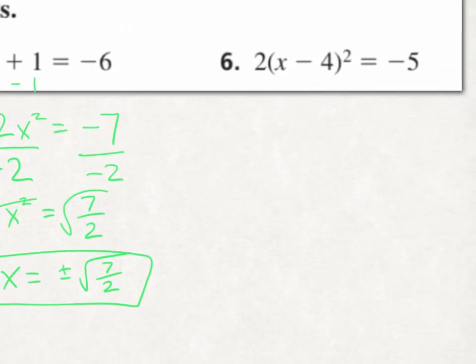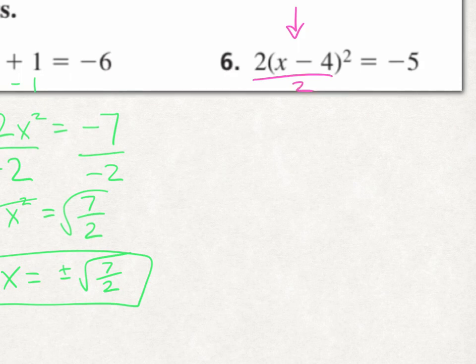All right, last one. Number 6. What do we do first? Remember, our goal is to undo everything that's happening to our x. So what's the first thing we need to do to get our x all by itself?